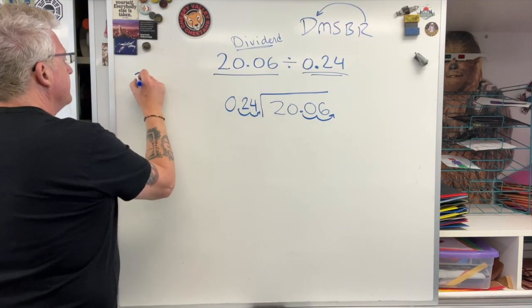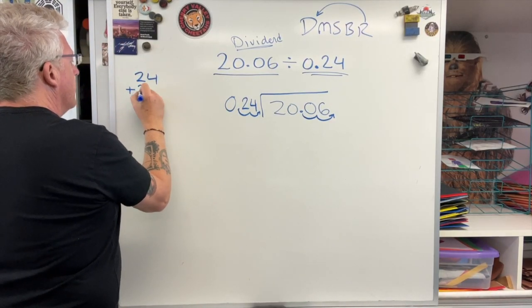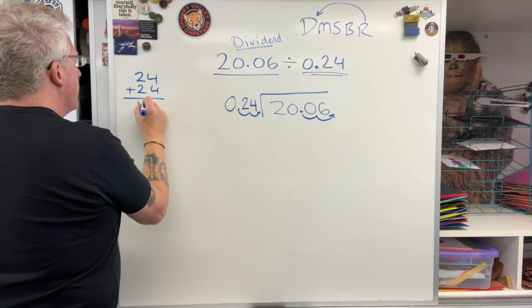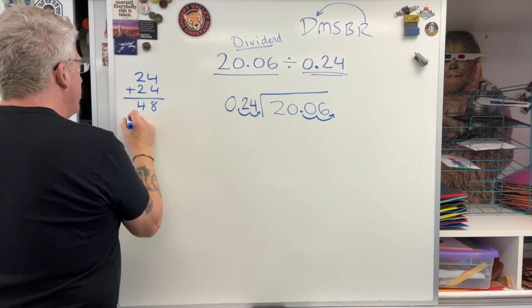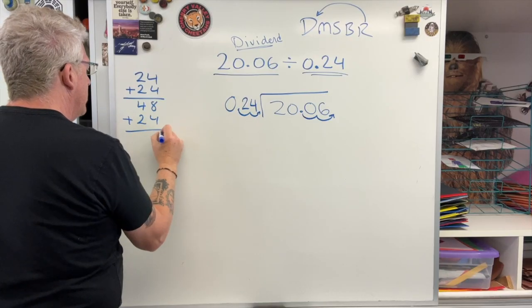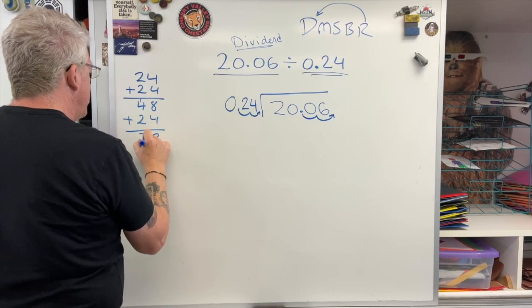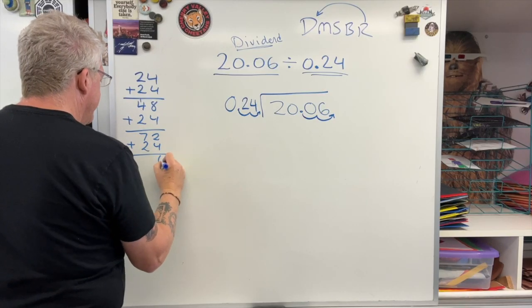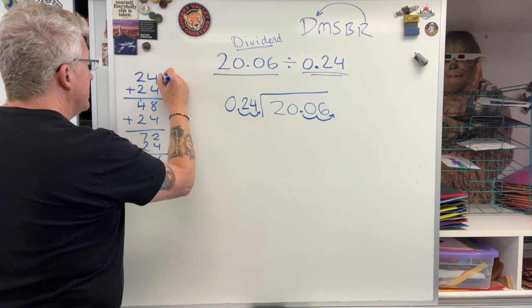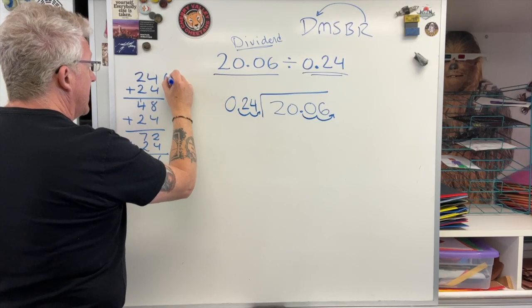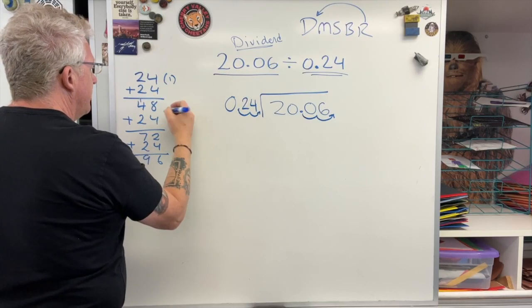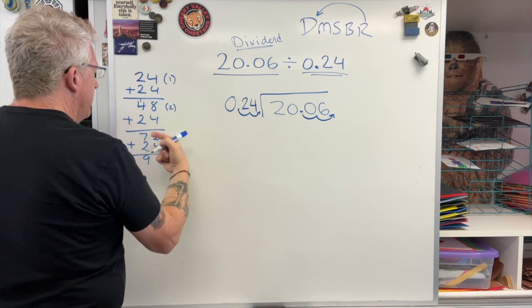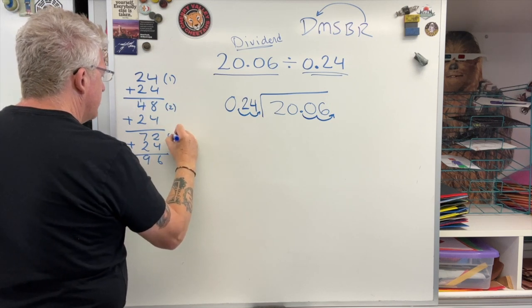So 24 plus 24 equals 48. 48 plus 24 is 72. 72 plus 24 is 96. So this is what you get: 24 times 1. This is 24 times 2. This is 24 times 3.